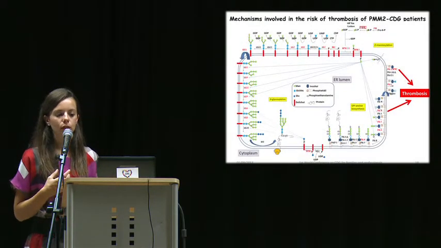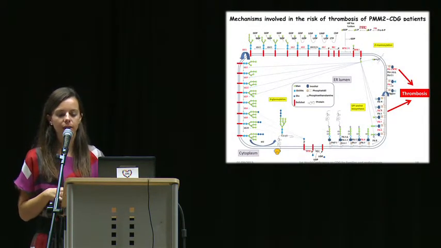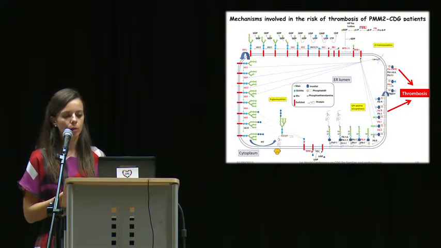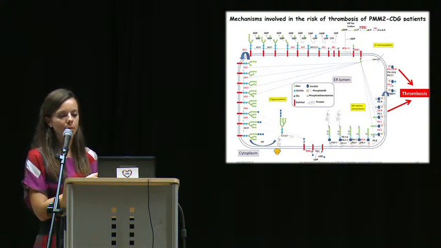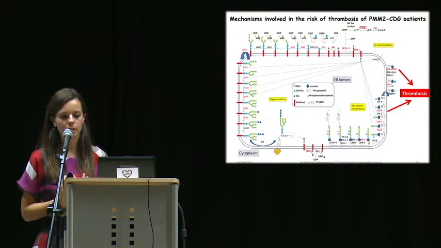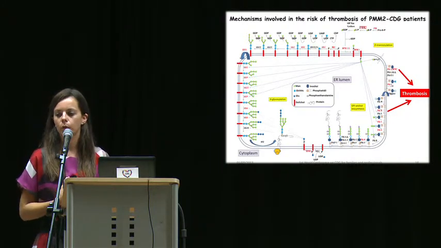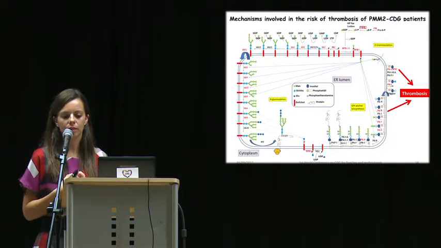Then we started to study further this disease, trying to unravel the mechanism that is involved in the risk of thrombosis in these patients. Because knowing this mechanism, we could develop some treatment, or a more efficient one, for these patients.